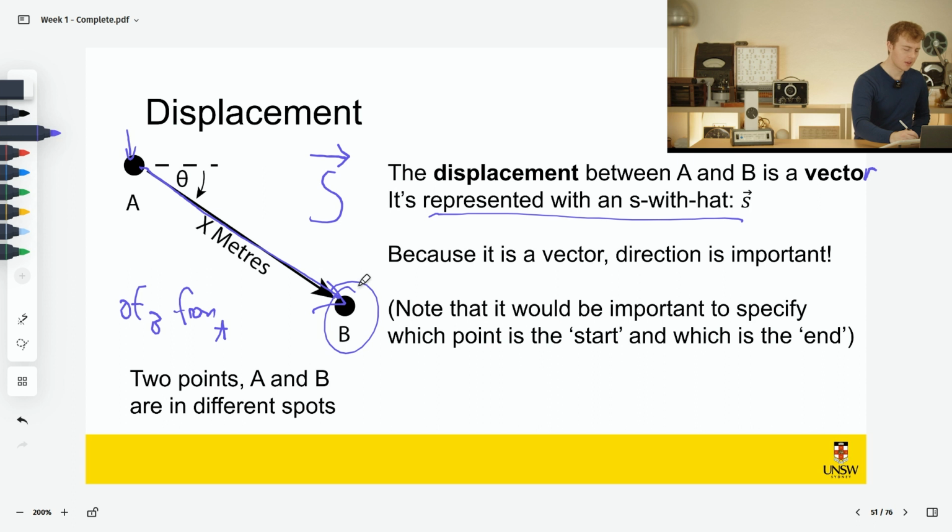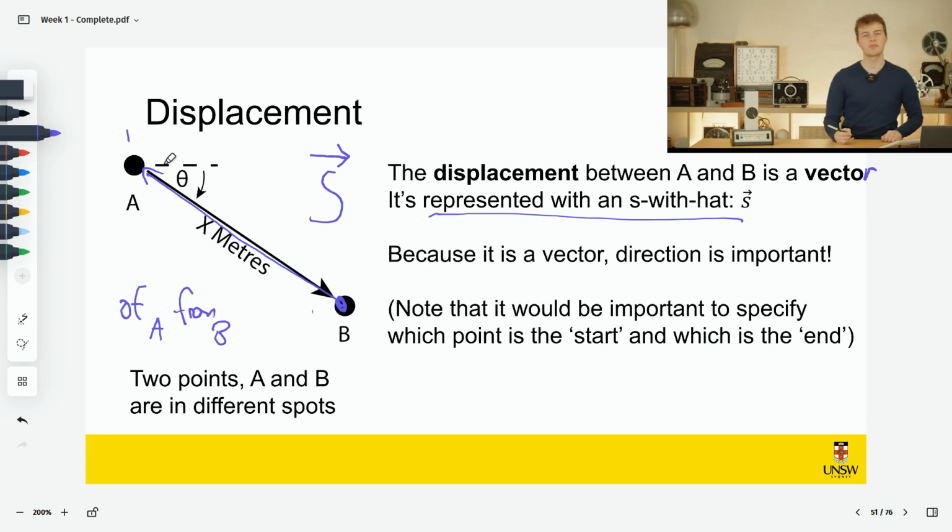The other way around, the displacement of A from B, it's starting at B and it's going to A. So it's different. Keep in mind that the direction is kind of reversible if you change your language. So that's distance and displacement.